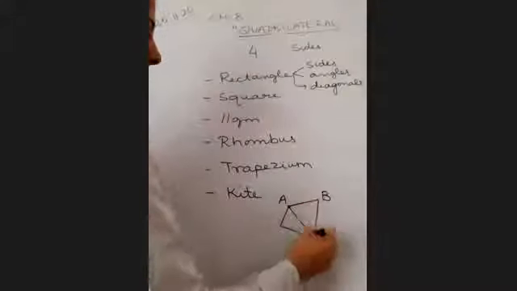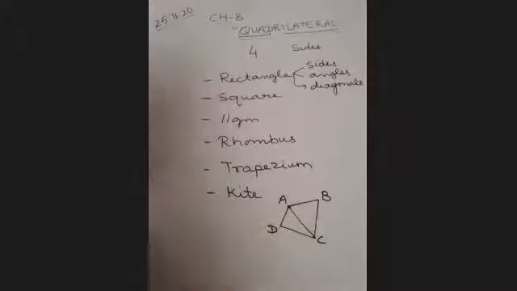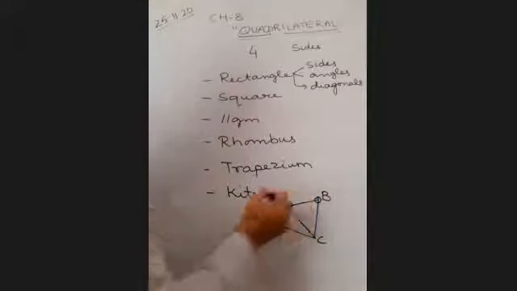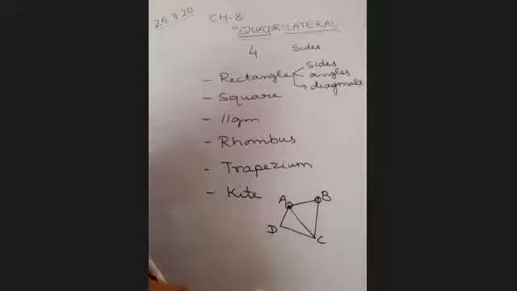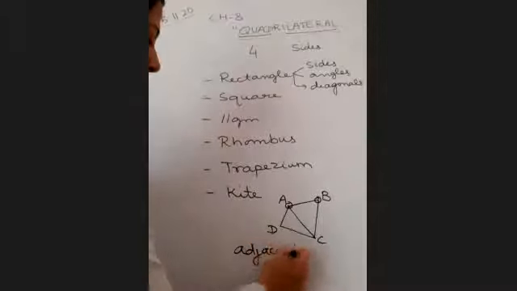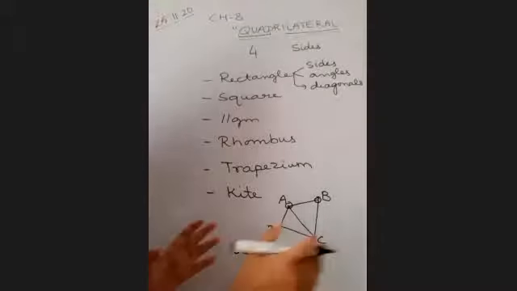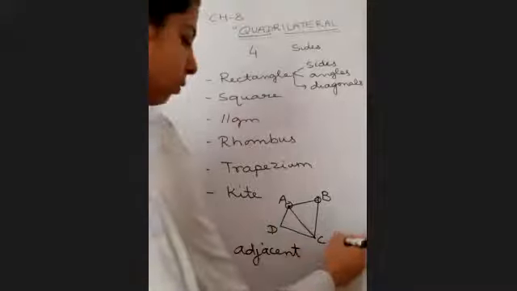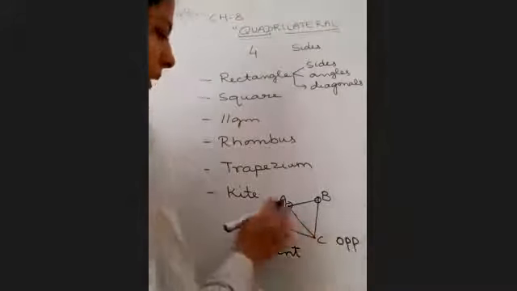If I name it A, B, C, D, are A and C opposite angles or adjacent angles? Opposite angles. Okay? A and B? Adjacent angles. I hope children you know adjacent means neighboring, and opposite means these are opposite.